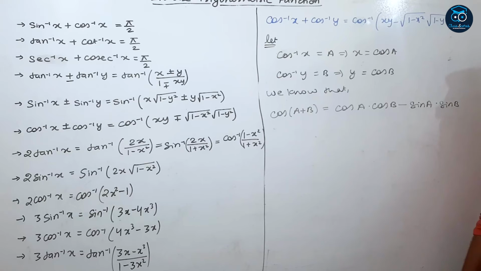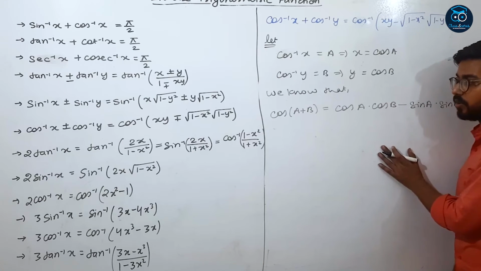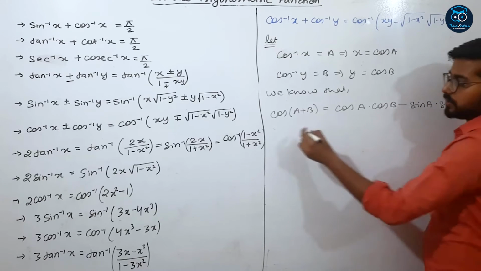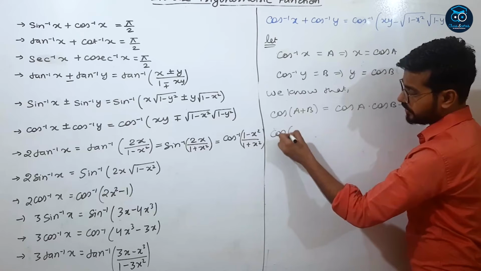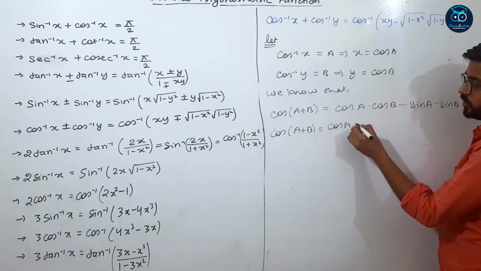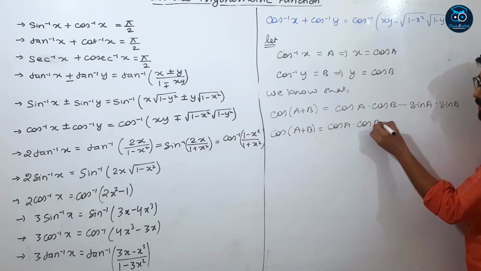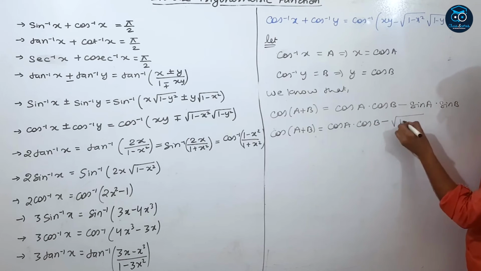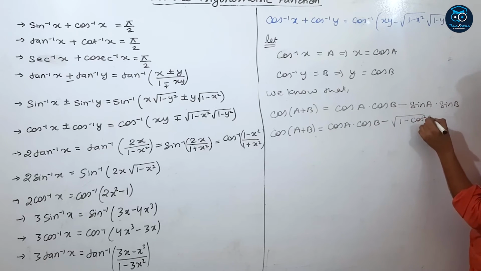If we have to write the whole equation in terms of cos, then we have to convert these two terms. Then what can we write? We can write cos inverse of cos a cos b minus root of 1 minus cos square a into 1 minus cos square b.